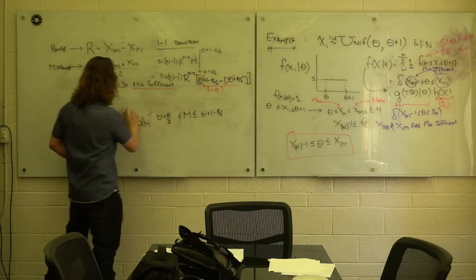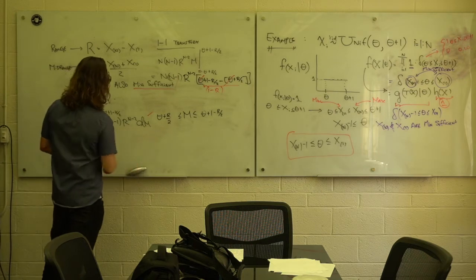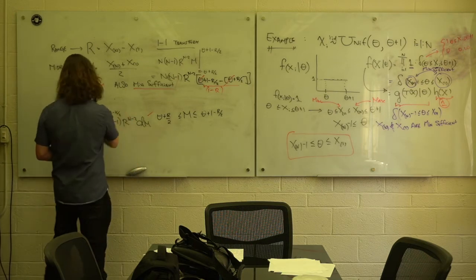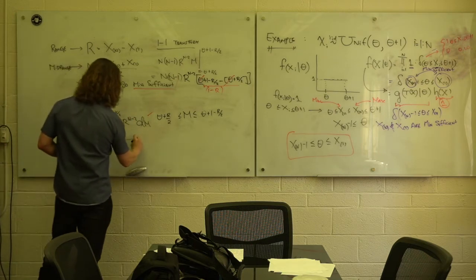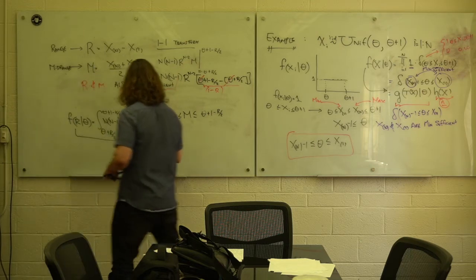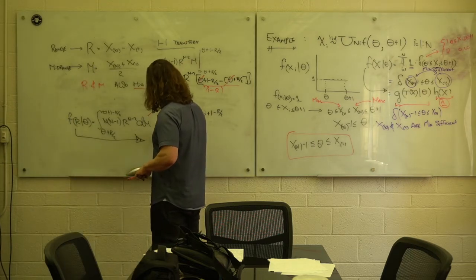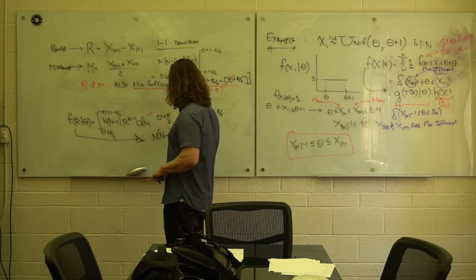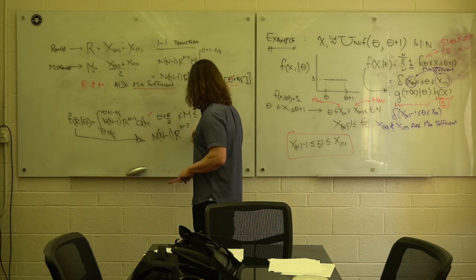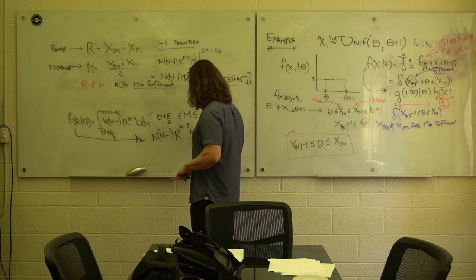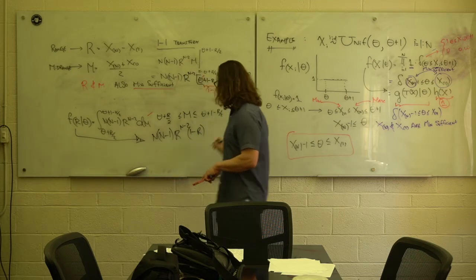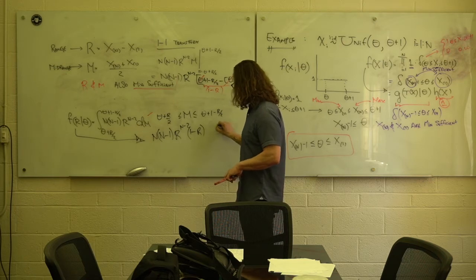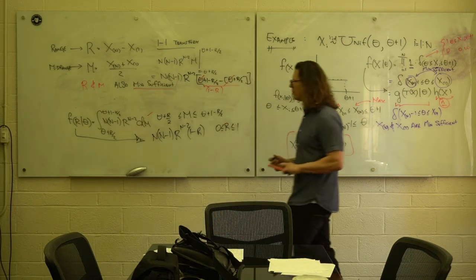Give myself just a little bit more room. And this thing just looks like n times n minus 1, r to the n minus 2, 1 minus r. Remember, r lives between 0 and 1. So no dependency on the bounds.